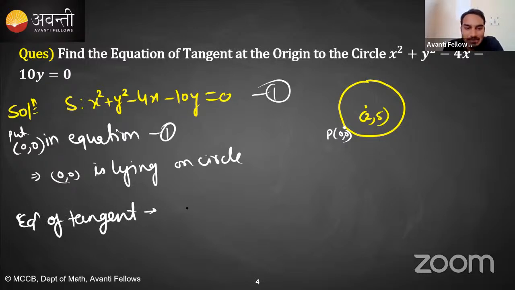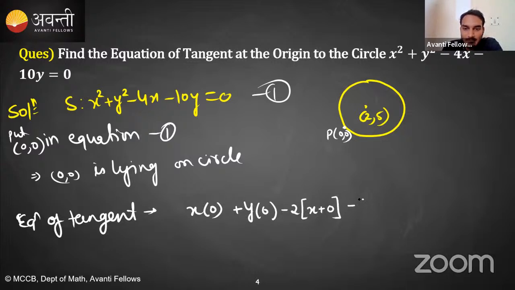Replace x square with xx1, so x into x1, which is 0, plus y square is replaced with yy1, so y into y1, minus 4x. Take 2 common, so now you are left with 2x, which can be replaced with x plus x1.